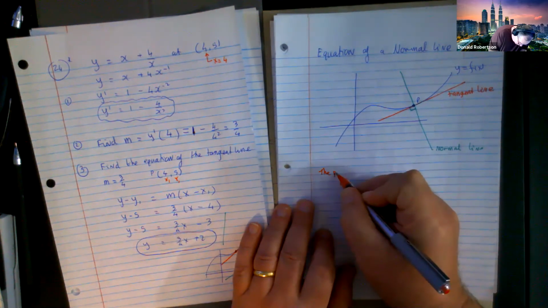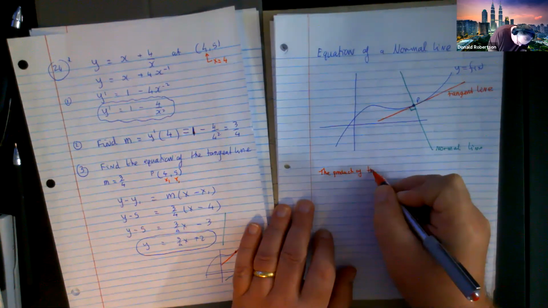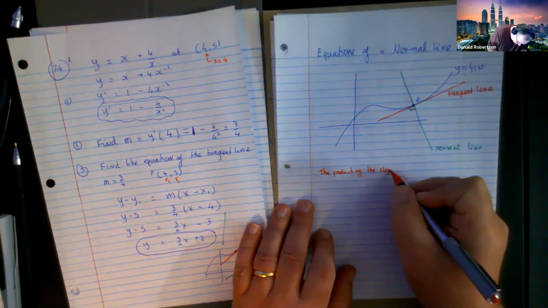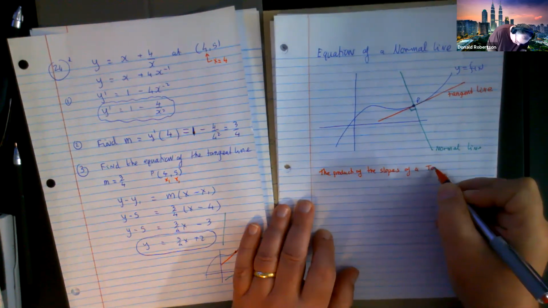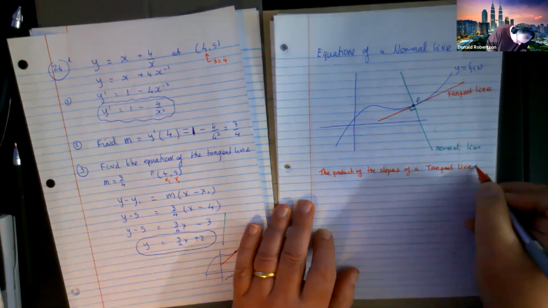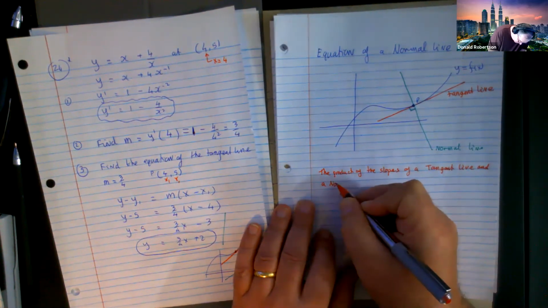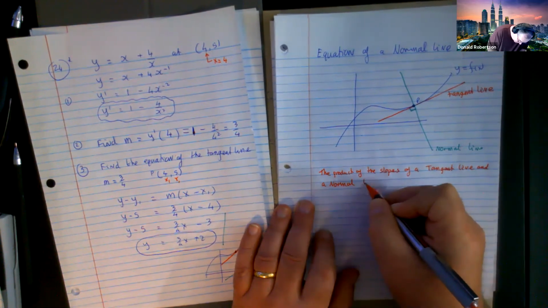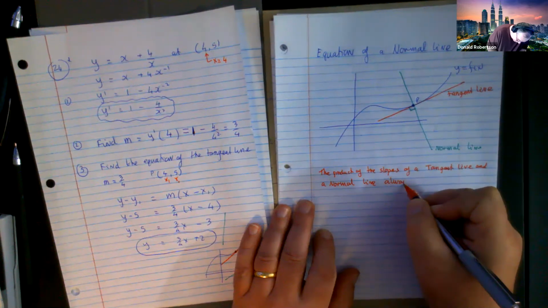The product of the slopes of a tangent line and a normal line always equals -1.